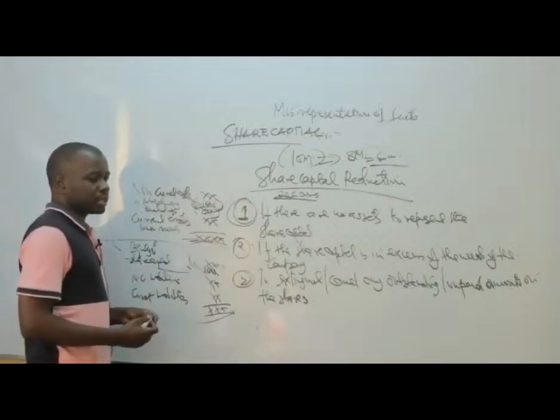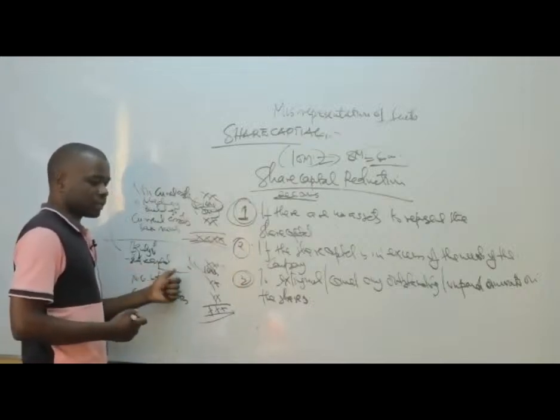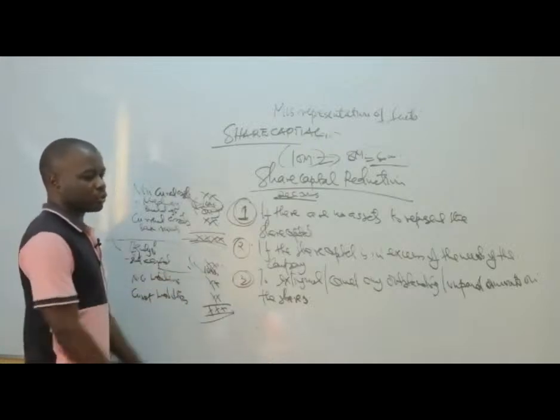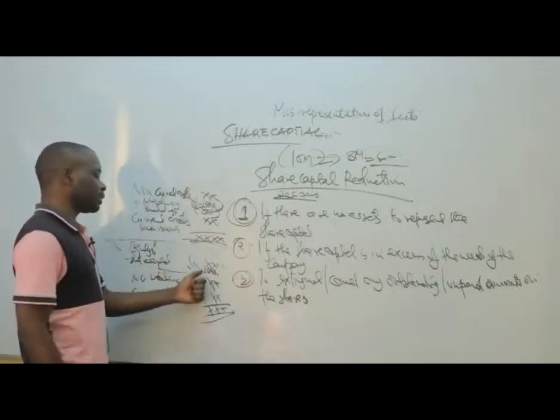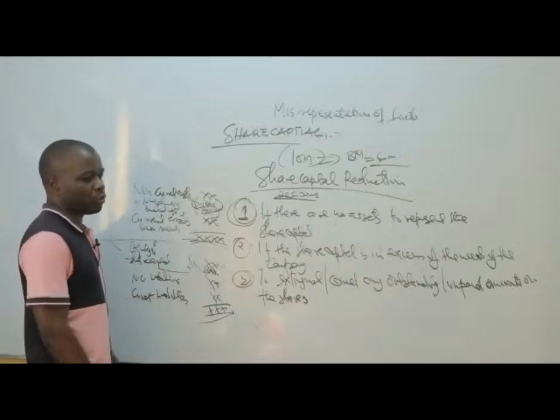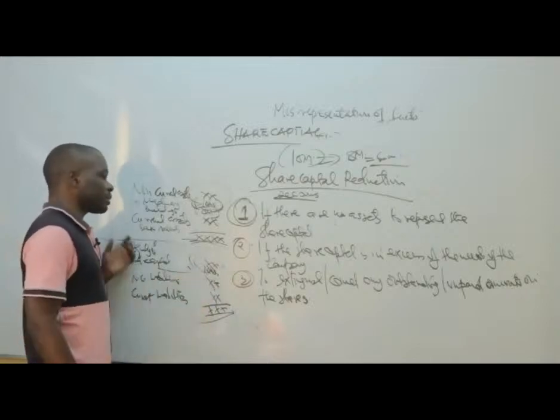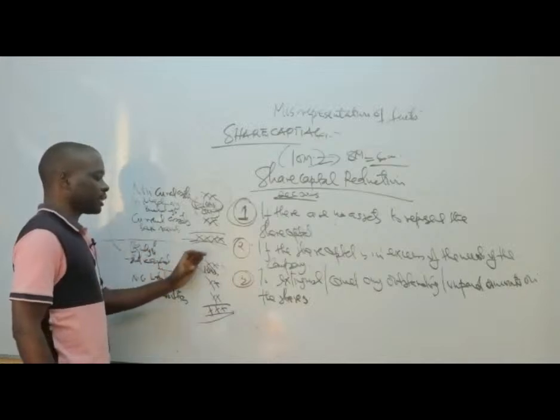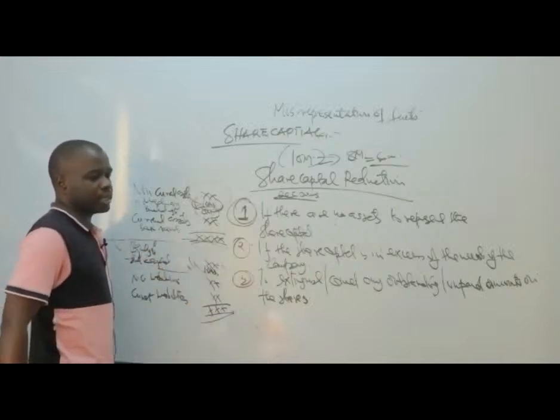So it simply means that the valuation of the shares of the company has to be redone. So it will basically reduce the share capital of the company because there are no assets that had been acquired to represent this particular value of share capital in the company.